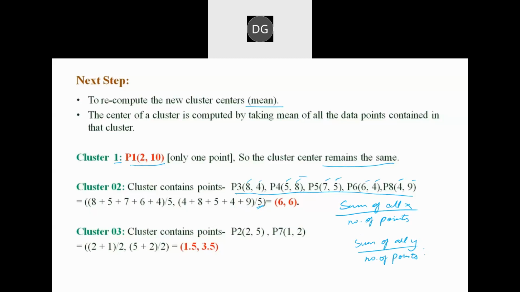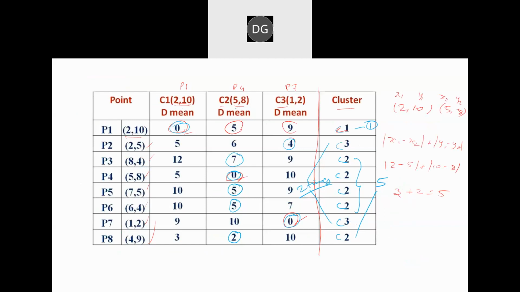So here if you see, I have done the calculation. 8 plus 5 plus 7 plus 6 plus 4 divided by 5. I will get one new x value. Similarly for y, if I do, I am getting another new centroid position. Previously my centroid position of the second cluster is, I think, 5 comma 8. So now it has changed to 6 comma 6.